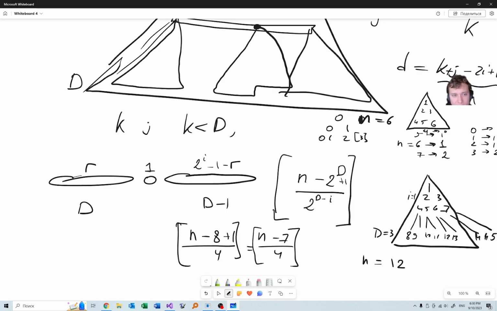What do we have here? We have just one tree, and we have 2 subtrees here.